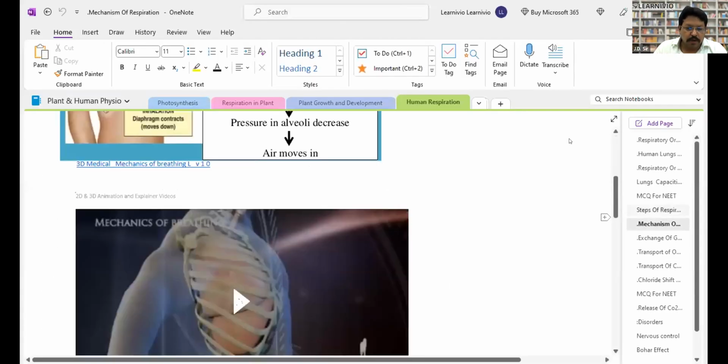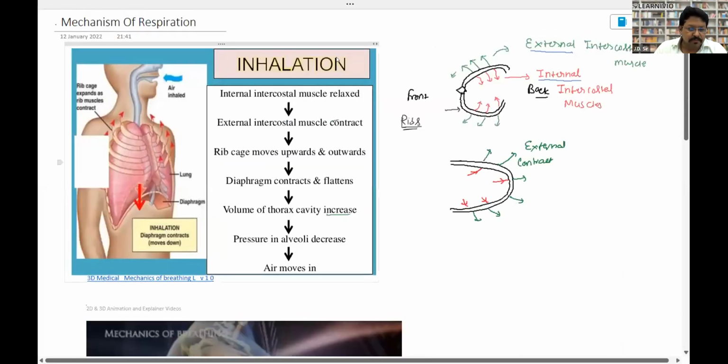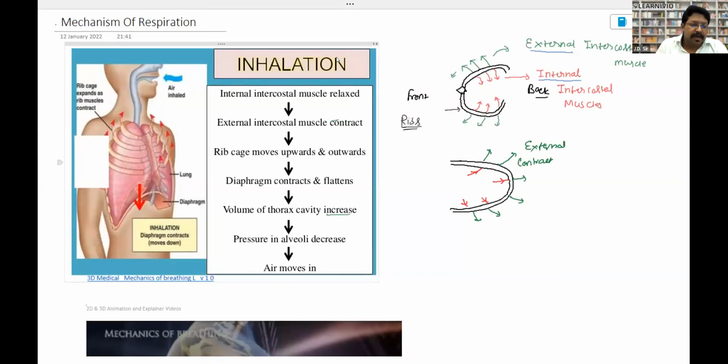In the mechanism of respiration, we have inspiration and expiration, right? We have two types of muscle in our body: internal intercostal muscle and external intercostal muscle. This is our rib cage.